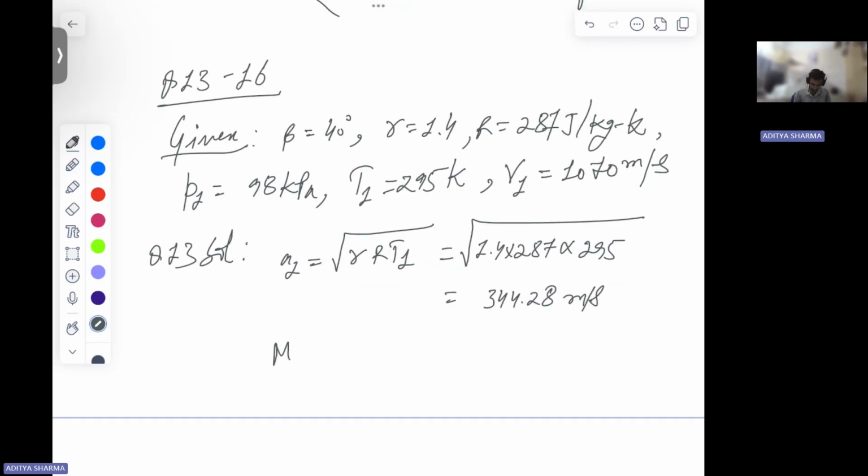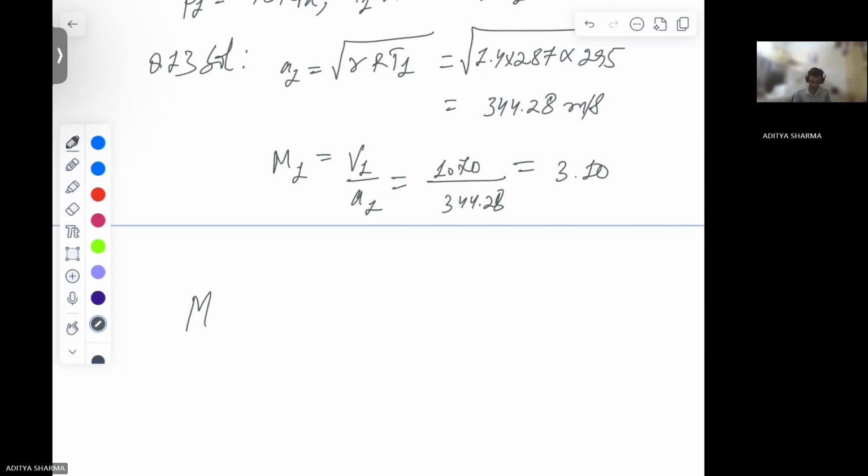And calculate Mach from here. Mach will be V1 by A1. V1 is 1070, A1 is 344.28, so this comes out to be 3.10. So this is your M1.